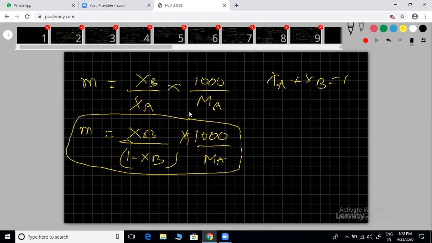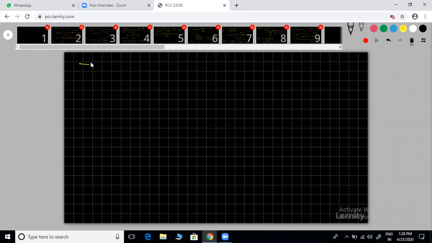What would be the molality of a 20% mass by mass aqueous solution of KI?